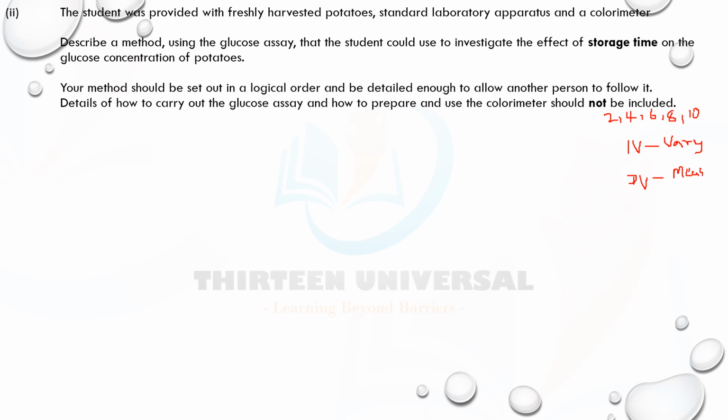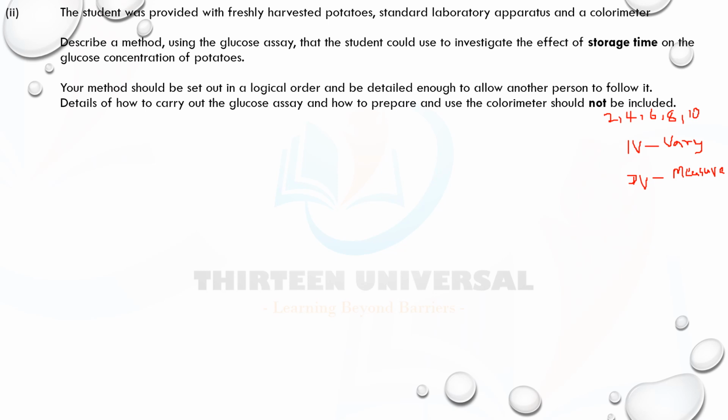Remember that I already have a standard curve, all right, that you have plotted of absorbance against concentration. So I'm going to use it to determine that, but I have to also generate absorbance. How do I measure absorbance? Because absorbance will help me to determine the glucose concentration.